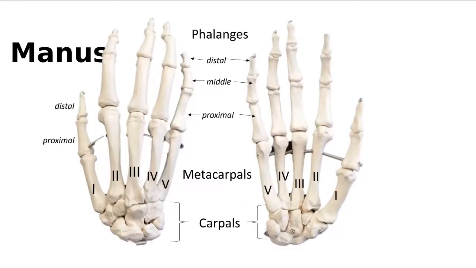The manus or hand: remember we identify the metacarpals using Roman numerals beginning from the thumb. This is the anterior perspective. We know it's the anterior perspective because the pisiform is visible. The pisiform sits on top of the triquetrum.